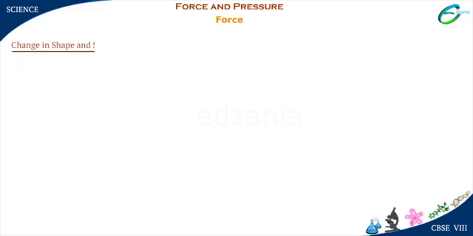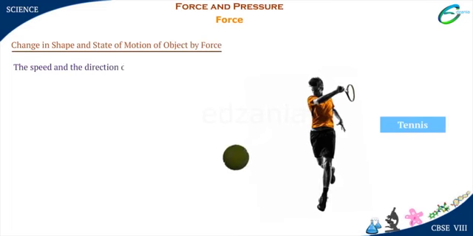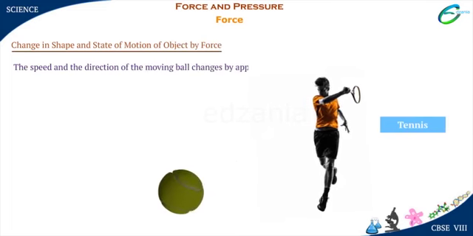Change in shape and state of motion of an object by force. Have you seen the game of tennis? In tennis, a player plays his or her shot by applying a force on the ball with the tennis racket.